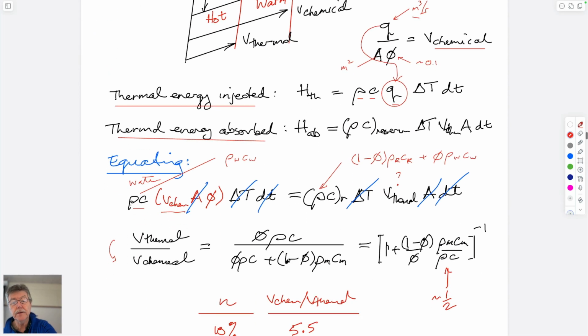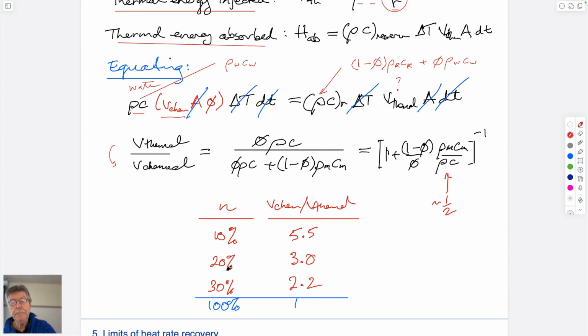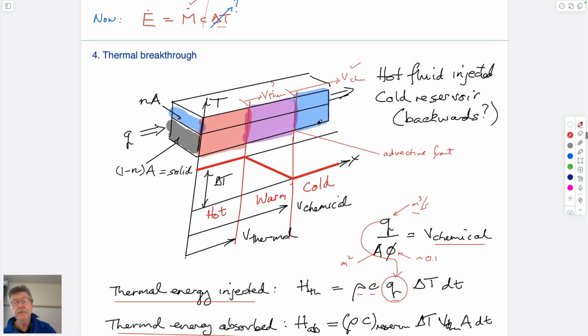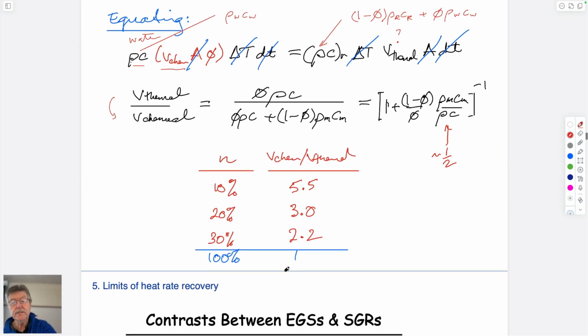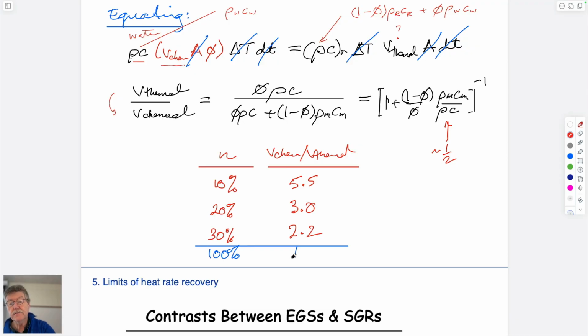That's what this physically means. If it's 20% porosity, then if this has gone 5 meters, this has gone 1 meter. And if the porosity is 30%, then it's a factor of 2.